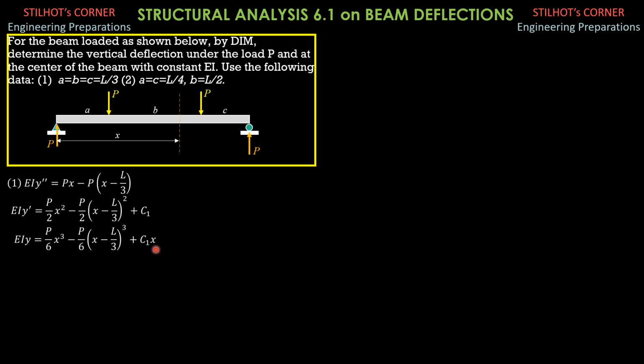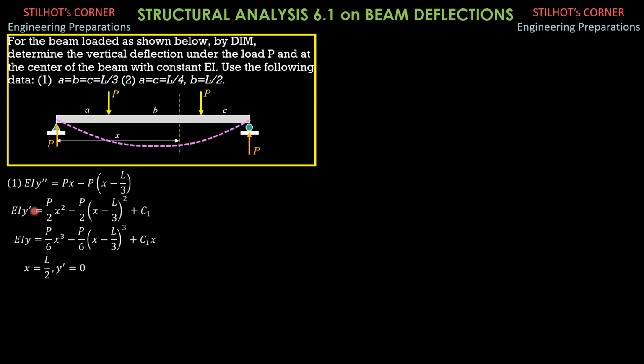We can now evaluate the value of C sub 1 by noting that the beam is symmetric with respect to its axis and the loading also, so that when x is L over 2, y prime or the slope at the center is 0. So we can evaluate C sub 1 using this equation here.